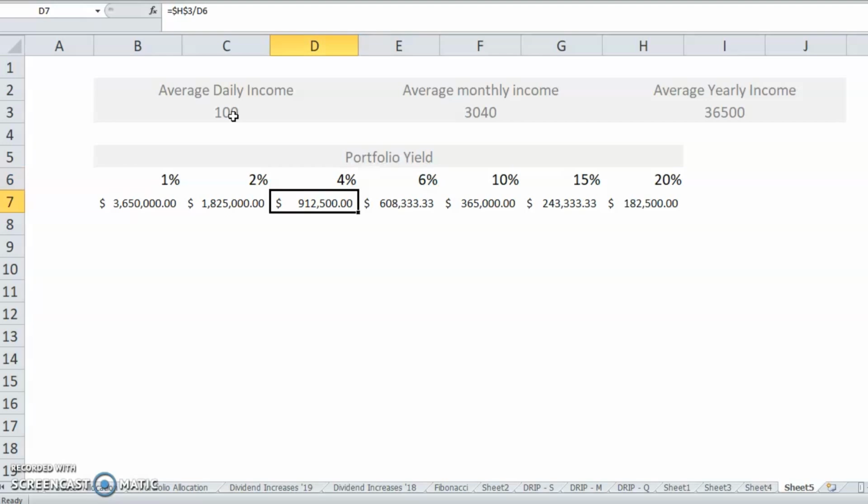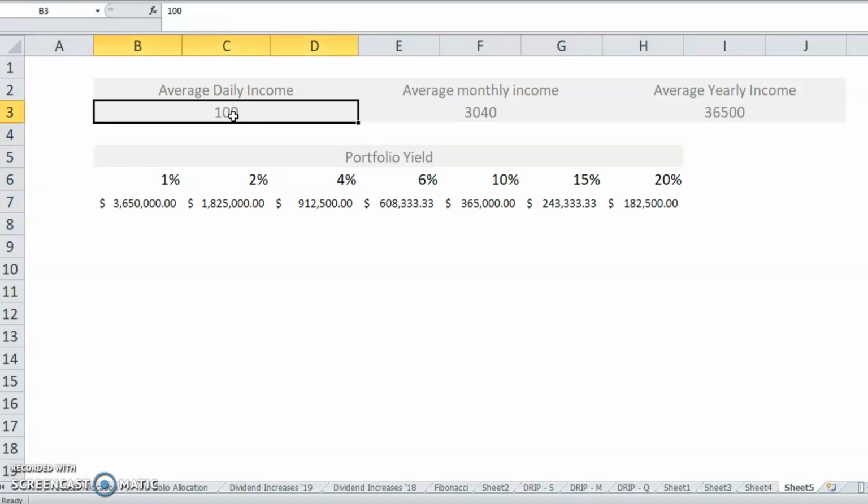So basically, between now and the next 5 years, I'm going to have to triple or so the size of the portfolio to get anywhere close to this, essentially $100 a day.